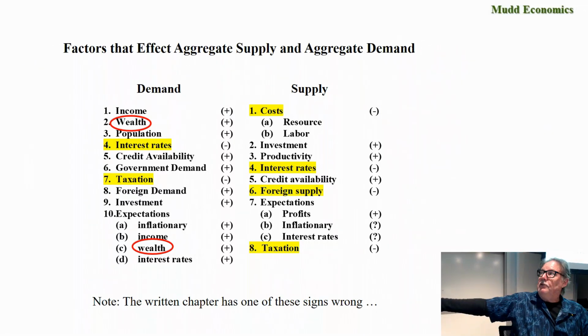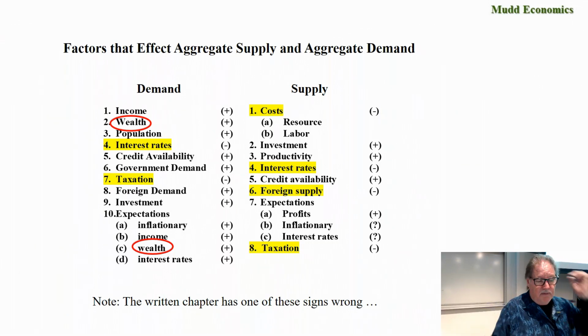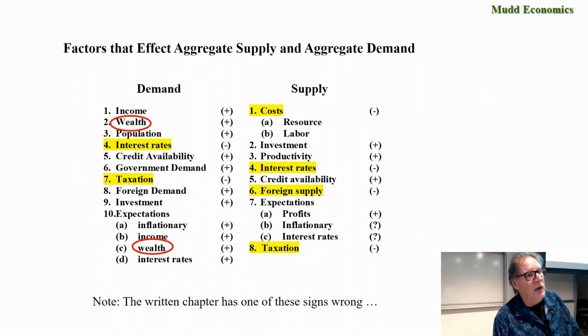Here we have interest rates being a negative impact upon supply, foreign supply just being competition, taxation being negative and the like. But for the largest part, the emphasis we'll see here in our application of the model, which is in the next lecture, will be on the cost impact upon the supply curve and the effect of that upon inflation.